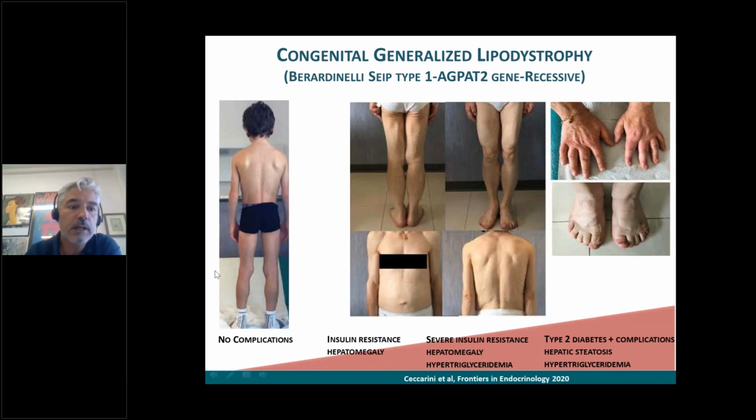As you can see here, a young boy of whom you can barely tell that he is affected by lipodystrophy. You can see these skinny legs, probably, and he has no complications.